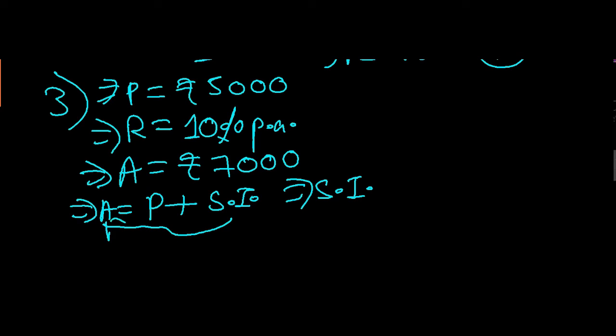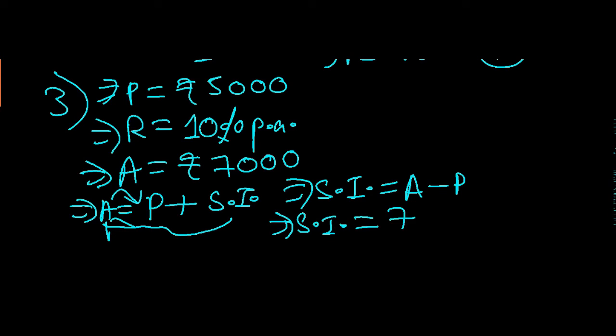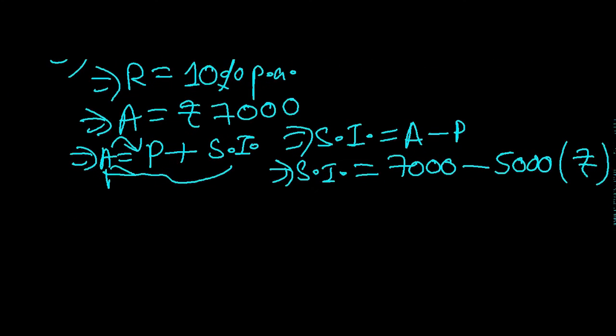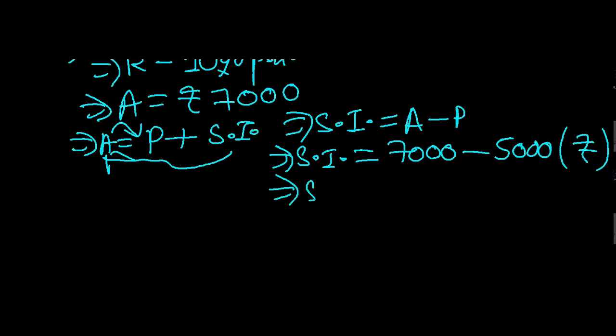SI is equal to A minus P. So SI is equal to amount, which is 7,000 rupees, minus rupees 5,000. This is also rupees, this is also rupees. So first we will calculate the SI. SI is equal to rupees 2,000.